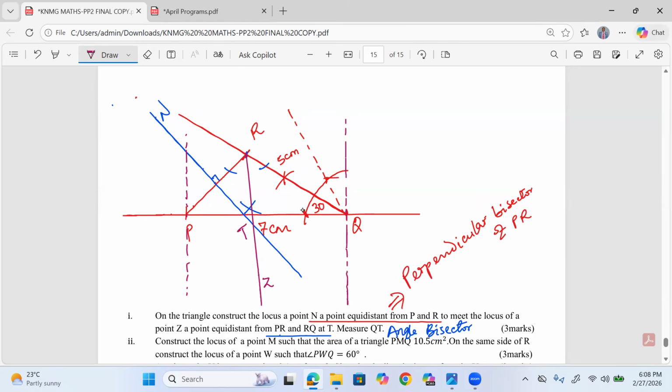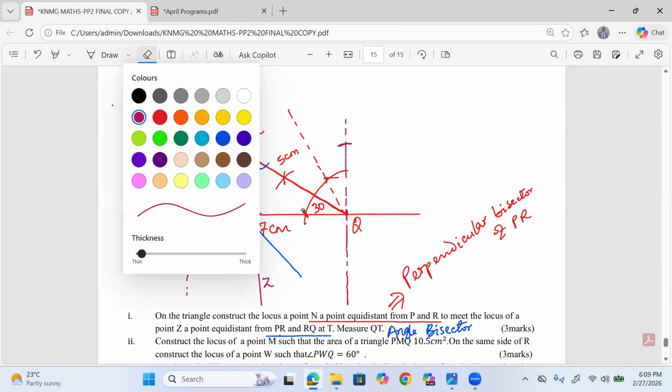Then now, standing at P, you measure 3 centimeters above. Standing at Q, you measure also 3 centimeters above, like that.